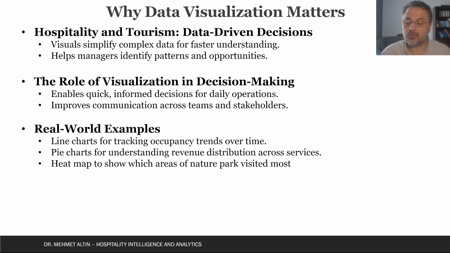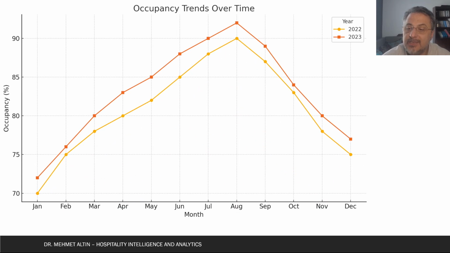It also improves communication within teams. Showing a simple pie chart of guest spending in a staff meeting helps everyone understand where to focus their efforts. A line chart, for example, can reveal seasonal trends in bookings, like spikes during the summer vacations, right?